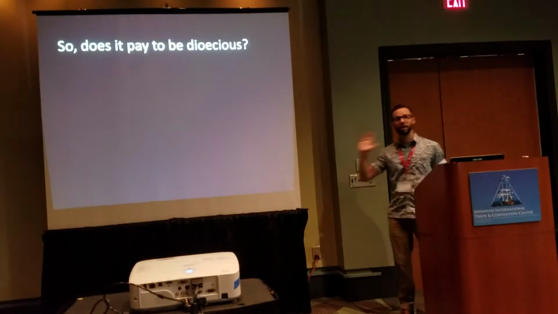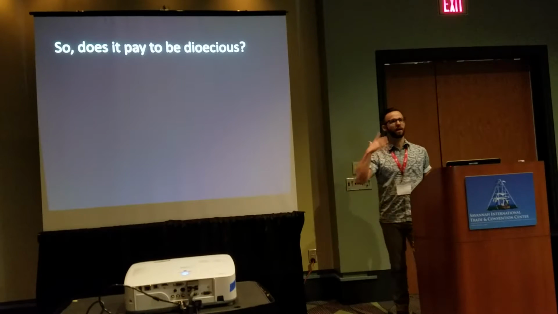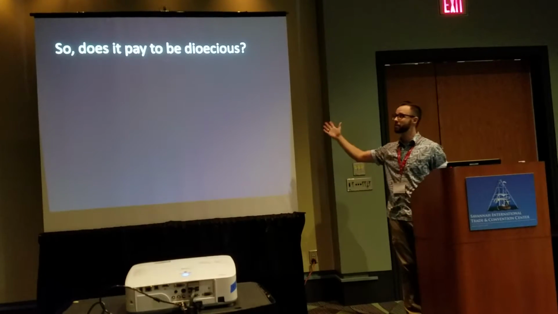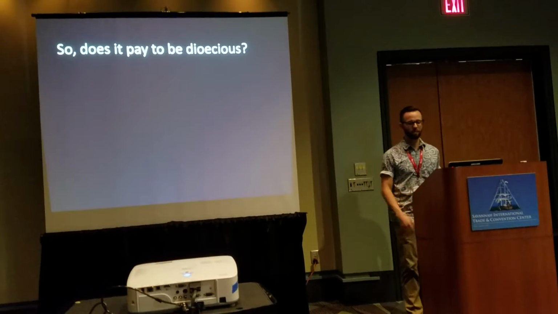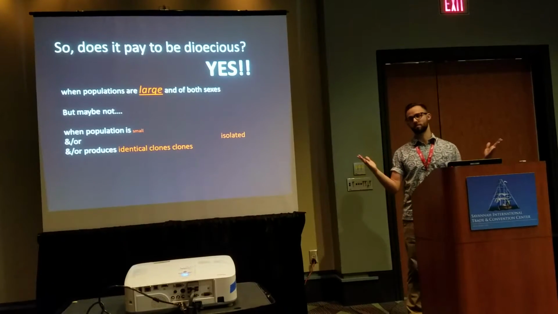So if there's anything you should take away from this talk, it's the idea that a dioecious breeding system, at least in the lineage of Solanum in the Northern Territory of Australia, does pay to be dioecious.